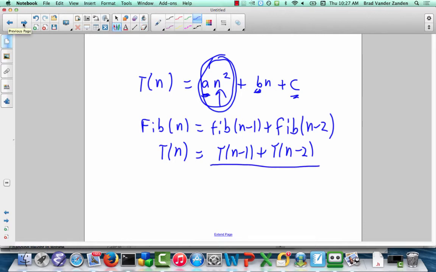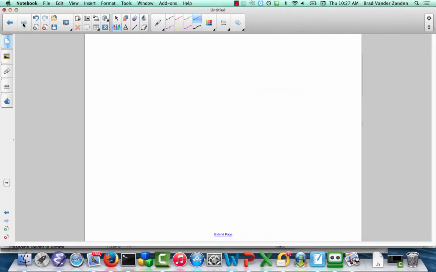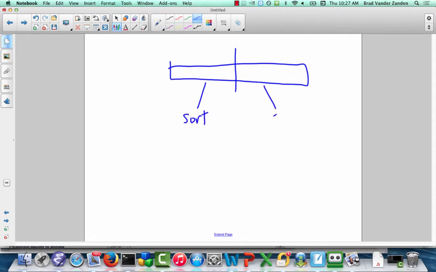You'll find in 302 that there are algorithms that are like that as well. Okay? A popular sorting algorithm, okay, is to take an array, essentially divide it in half, sort each half, and then merge the two sorted halves.